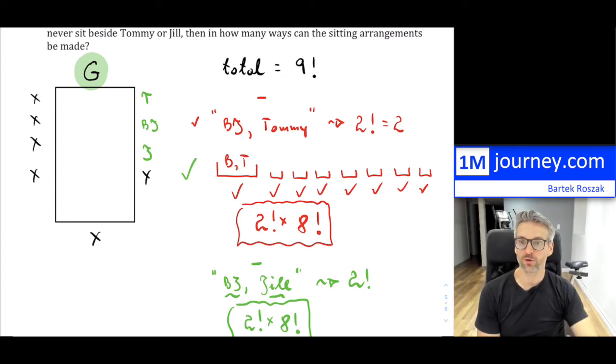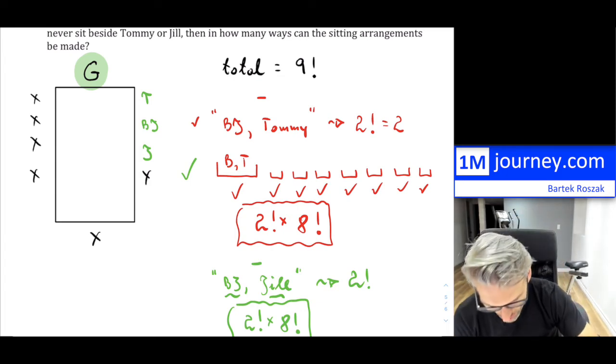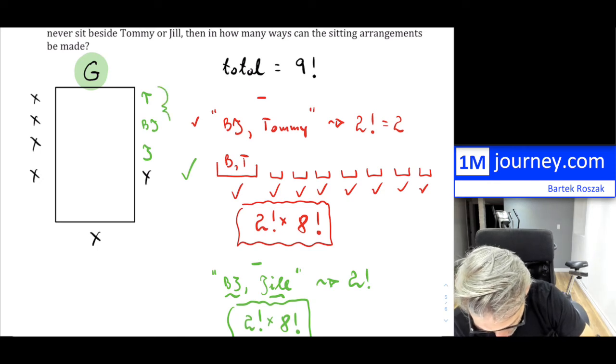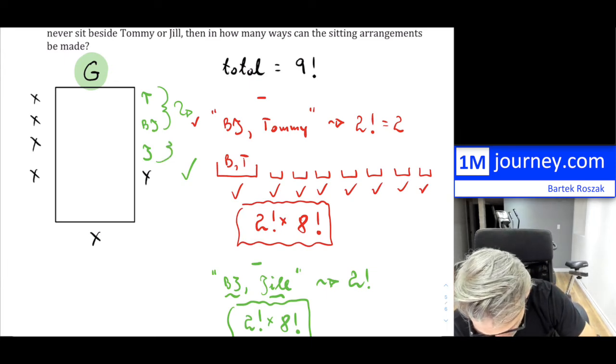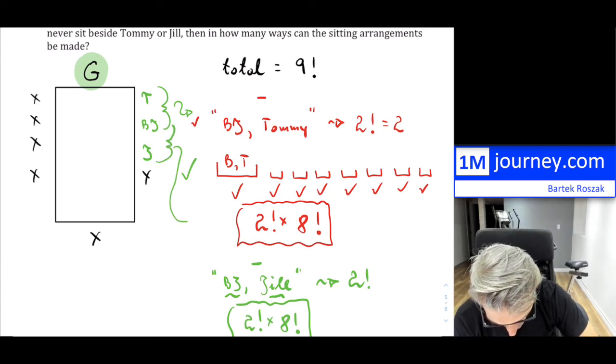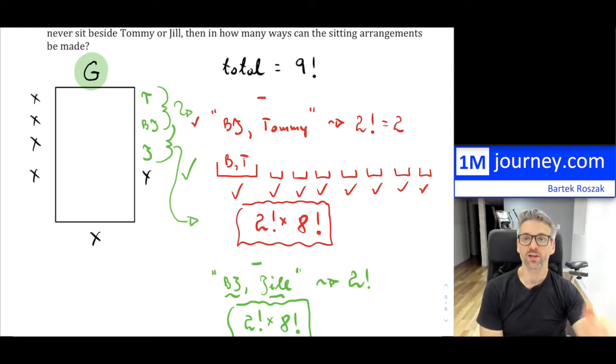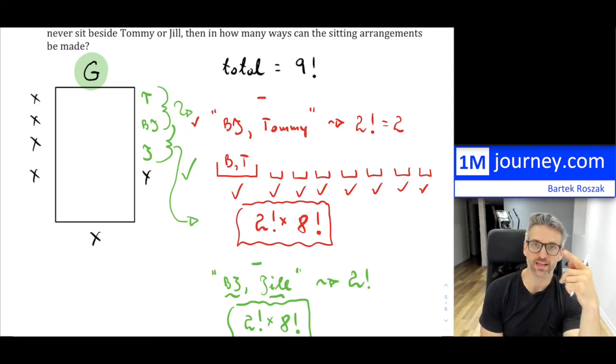BJ and Tommy is counted and subtracted, but BJ and Jill is also counted and subtracted. So we subtracted them 2 times. We've over subtracted, so we have to be careful there.